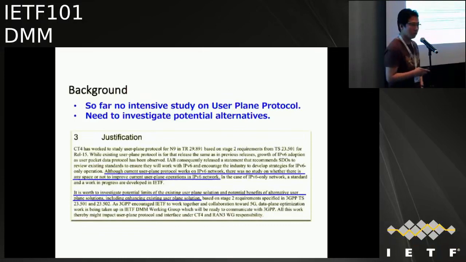The background here is that so far there's been no intensive study on user plane protocol, while in 5G there's a drastic change on the control plane side, moving to the SBA. During that, we can see a lot of IPv6 adoption in the production network. That may introduce a lot of space to improve user plane operation in the IPv6 network.